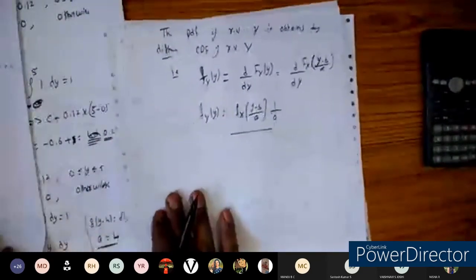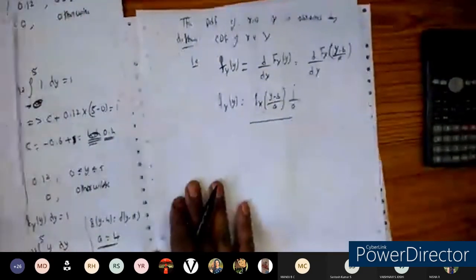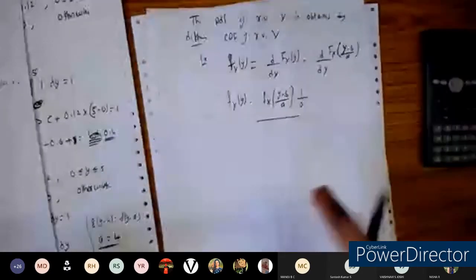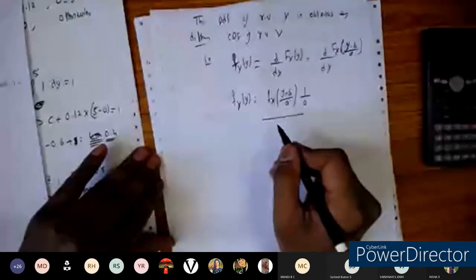Okay, so done, right? And similarly, one more concept is there, which we are going to express in terms of the normalized Gaussian random variable. Okay, fine. Now let us take this.